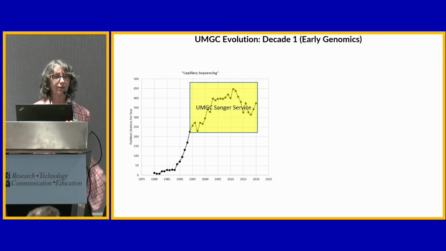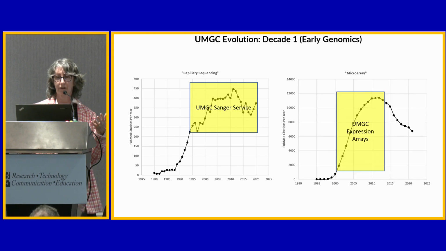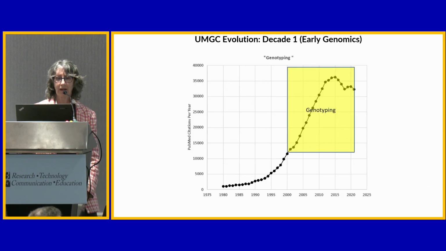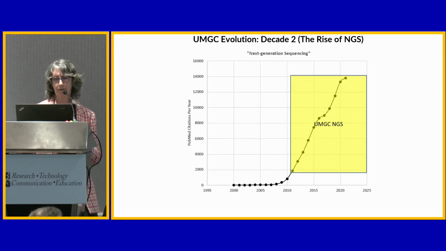But once the core got established, you see they start jumping in much earlier. Expression arrays, they're really on the early end of the rise. Genotyping, also getting into the game a little bit earlier. Next generation sequencing, they really jumped on and got involved very early.